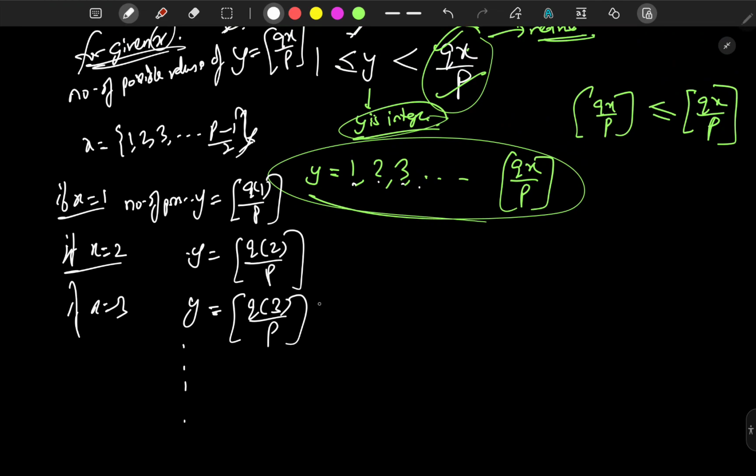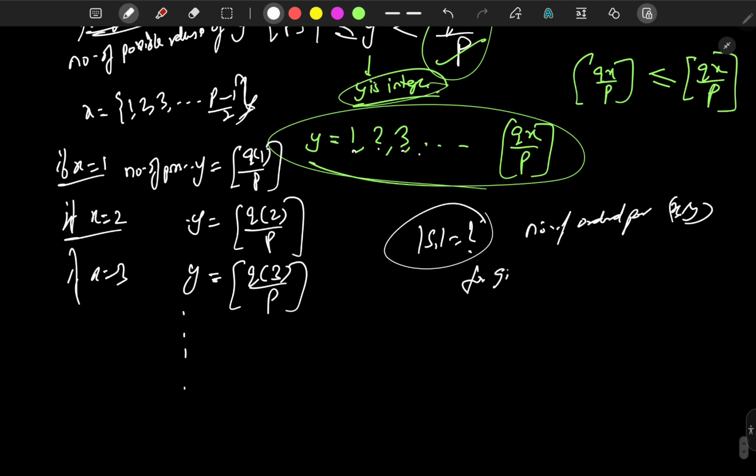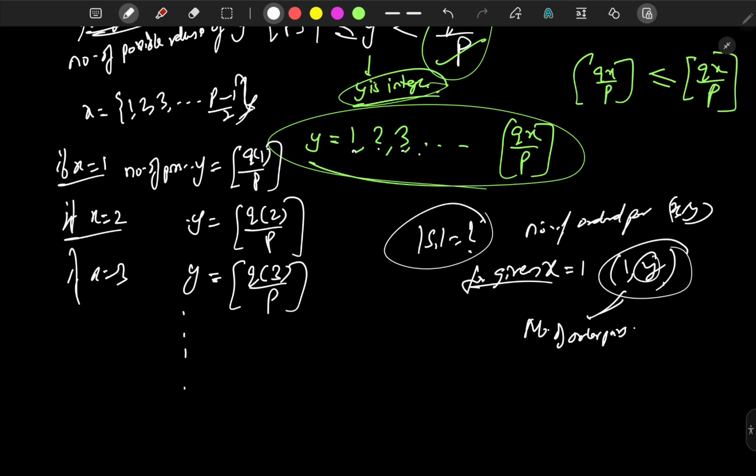We know what finally we have to compare: the number of ordered pairs x, y. For a given x, if x equals 1, the ordered pairs will be 1, y, depending on the different values of y. So the number of ordered pairs equals the number of values of y.